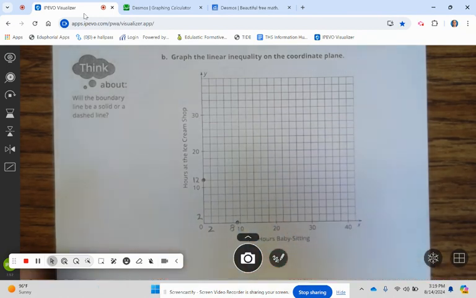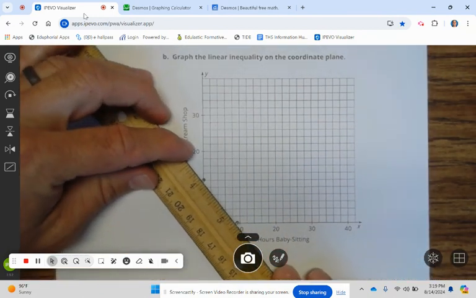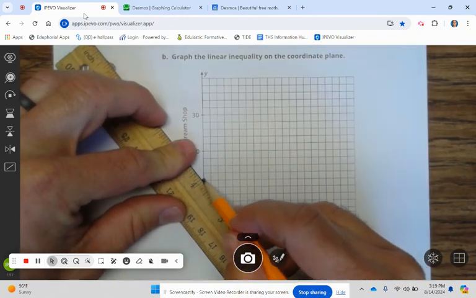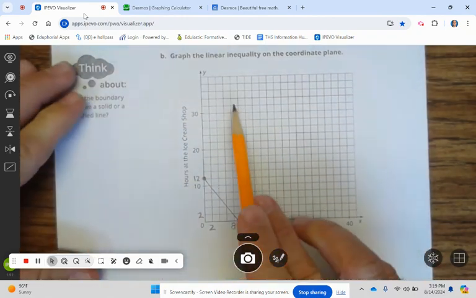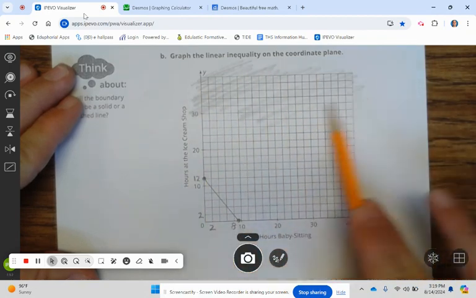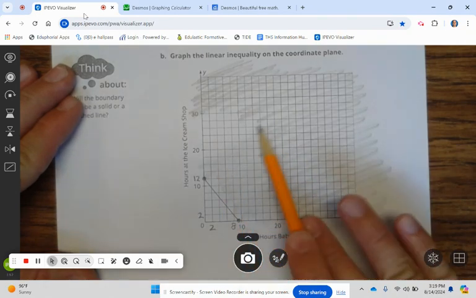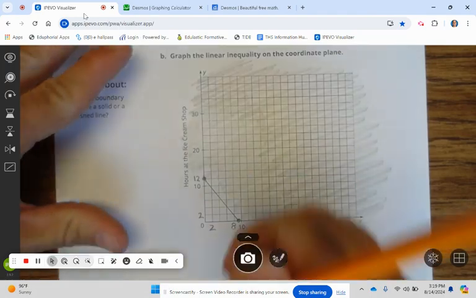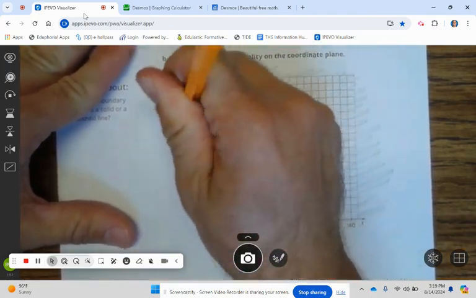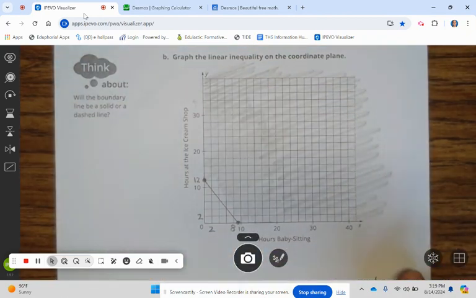We know it's a solid line and shaded above. All right, go ahead and finish up your graph.